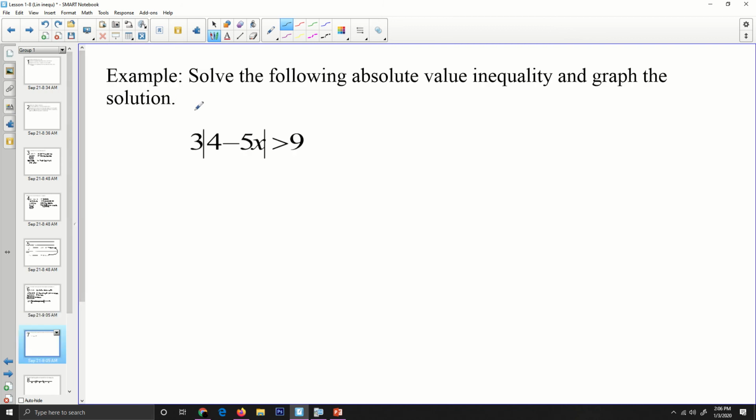Here's another one where we have an absolute value inequality that has a greater than symbol. But we also note that there's a 3 outside the absolute value.